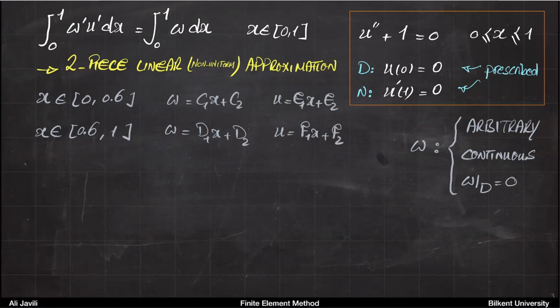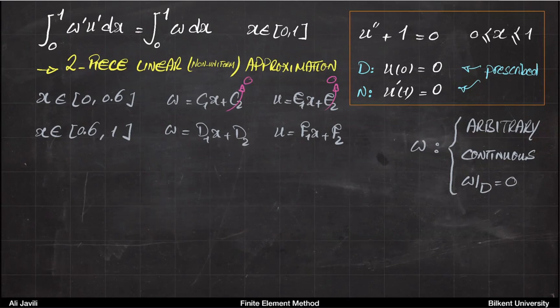Now, if you remember from the boundary condition, we said E2 is 0. You can see it here because U at 0 is 0. But also because it is a Dirichlet type boundary condition, C2 is 0.